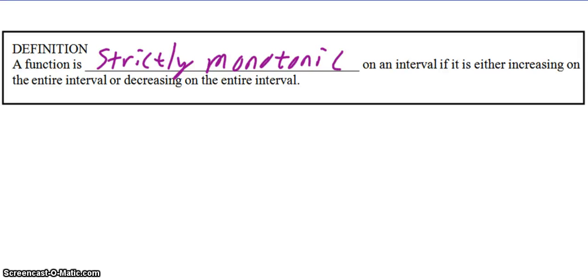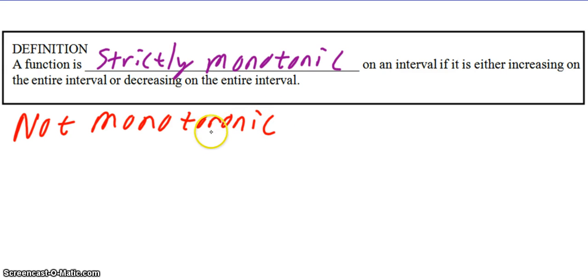So basically, if it's increasing the entire time or decreasing the entire time, then it's what we call strictly monotonic. It is not monotonic if there's a constant interval in between.